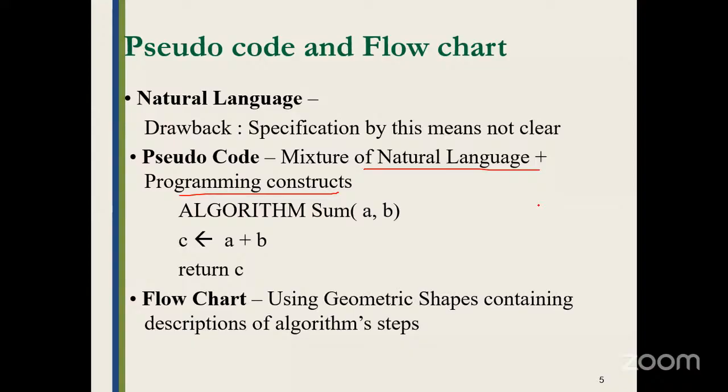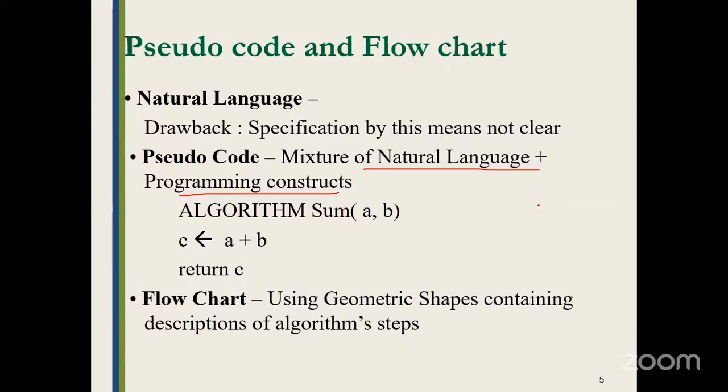But sometimes if you want to specify particular programming constructs, programming related tasks in the form of an algorithm, it is very difficult. For example, looping concepts, multiple iterations a particular loop has. To specify that type of construct using normal text is very difficult. That is one of the drawbacks of the algorithm.